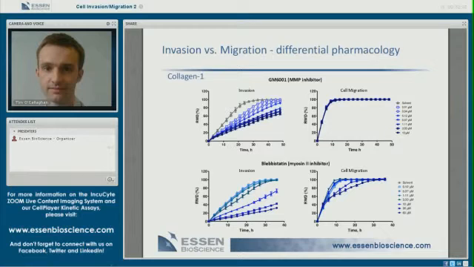A similar effect is seen for the myosin 2 inhibitor blebbistatin, which showed a marked degree of concentration-dependent inhibition of invasion and only a modest effect on the cell migration time course.